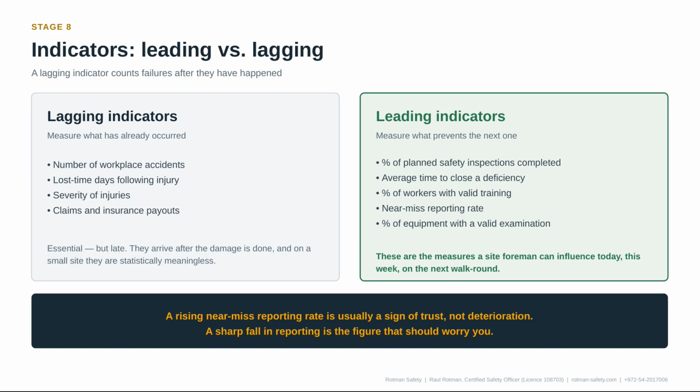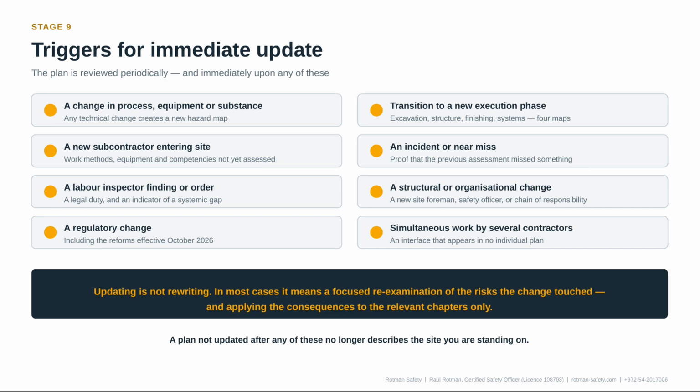Alongside them, you need leading indicators: the percentage of planned inspections completed, the average time to close a deficiency, the percentage of workers with valid training, the near-miss reporting rate, and the percentage of equipment with a valid examination. These are the measures a site foreman can influence today. And note this carefully: a rising near-miss reporting rate is usually a sign of trust, not deterioration. A sharp fall in reporting is the figure that should worry you.